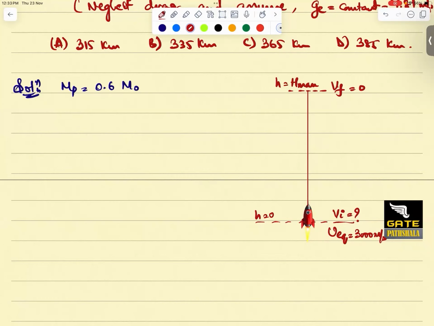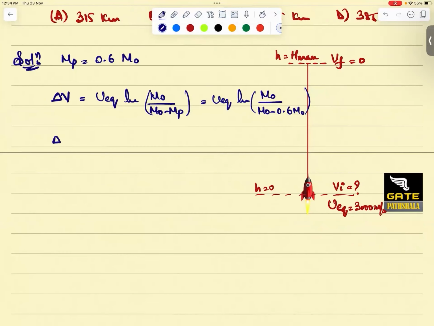Note that everybody. चीजों को समझ के करो, आपको पता चलेगा क्या कर रहे हो आप. So from this equation, delta V equals to U equivalent into ln of m naught by m naught minus mp. When you do that, you can write this as U equivalent into ln of m naught by 0.6 m naught minus 0.6 m naught.